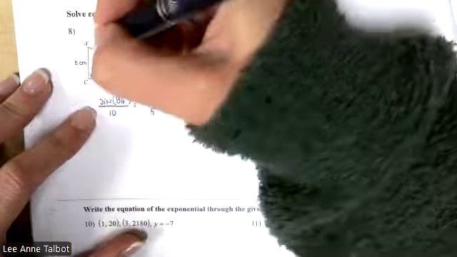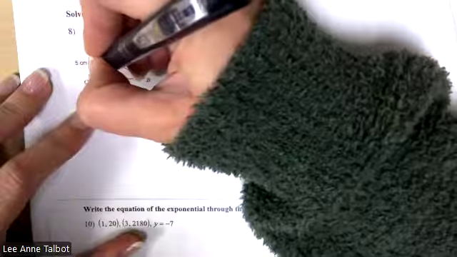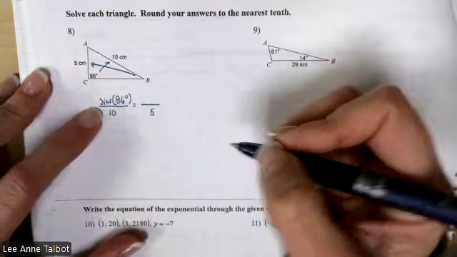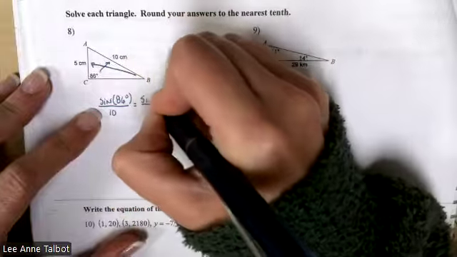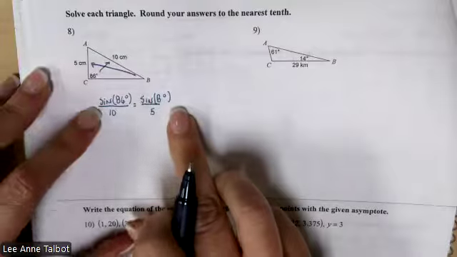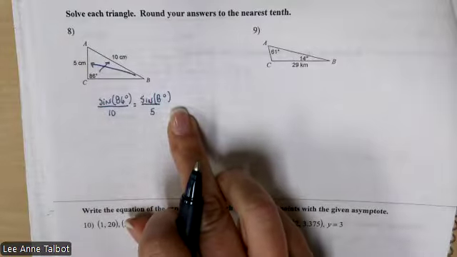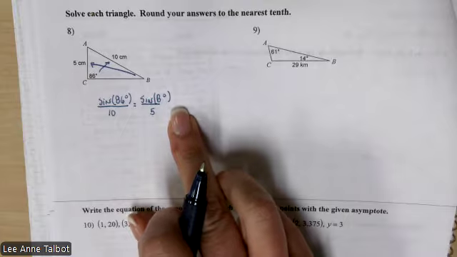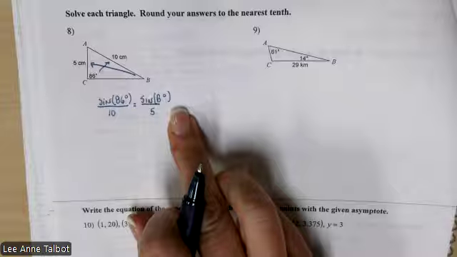What angle is across from the 5? B. So write sine of B. And do you see this turns right into one of the ones we just did in number 67? So you're going to have to do sine inverse. Do you see what I'm talking about?